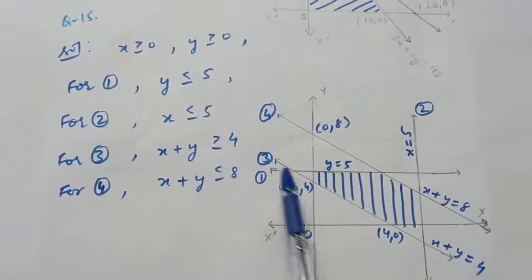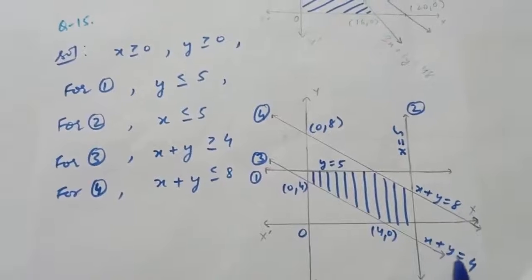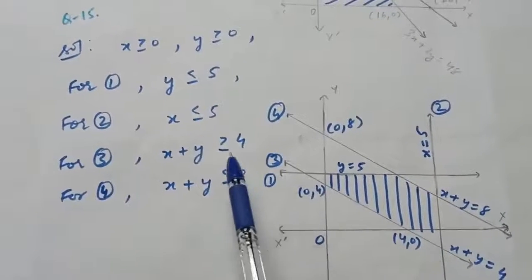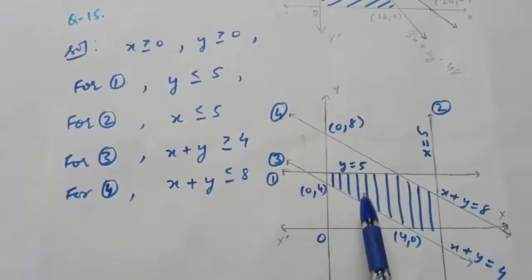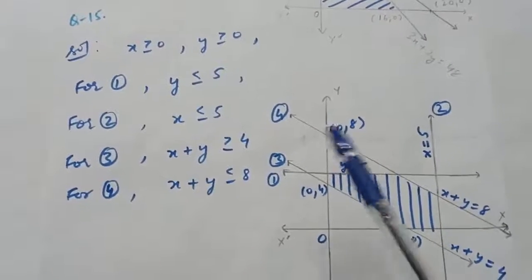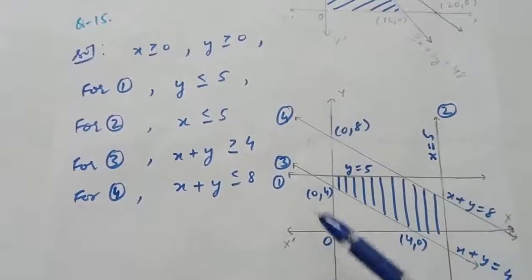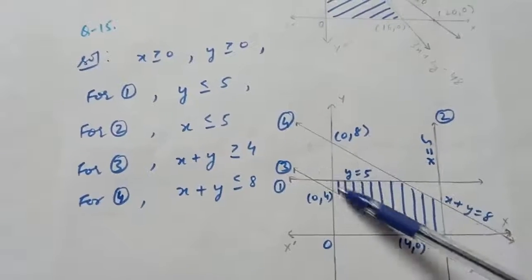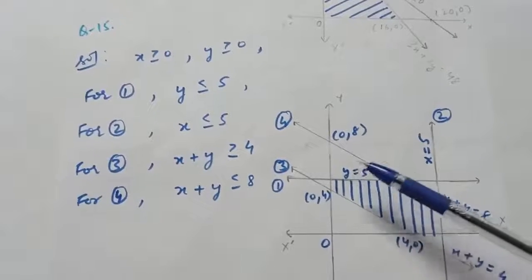Now for the third line, which is x plus y equal to 4, because the line is solid, equality will come. Also see, the shaded portion lies away from the origin, right? Origin is here and the solution for this third line lies away from the origin.